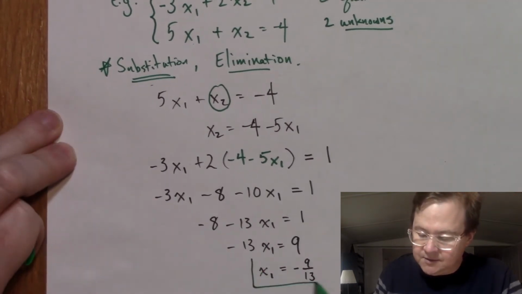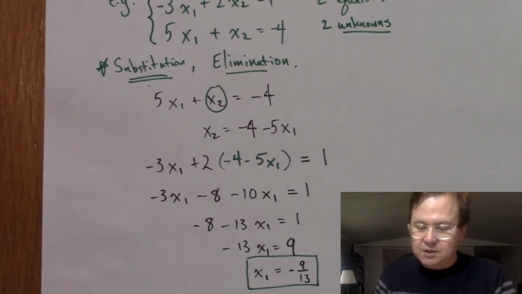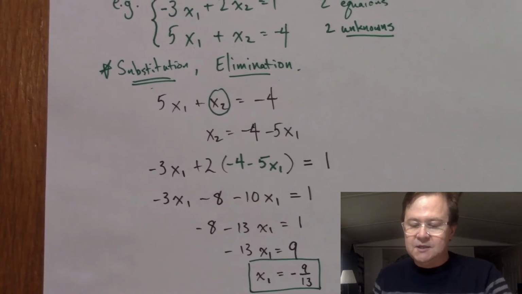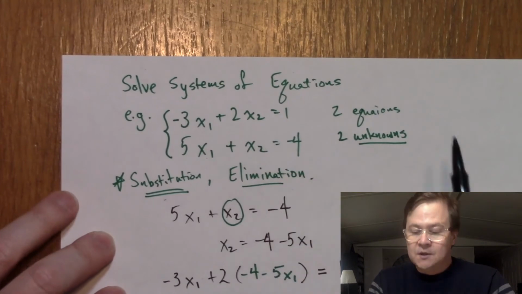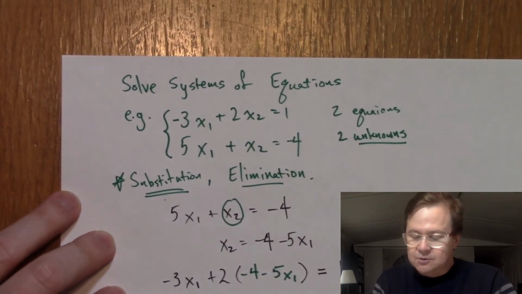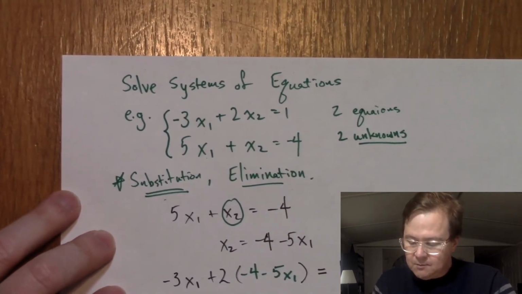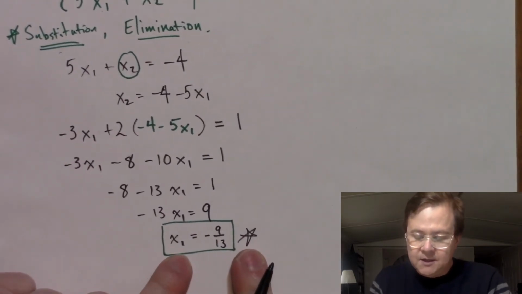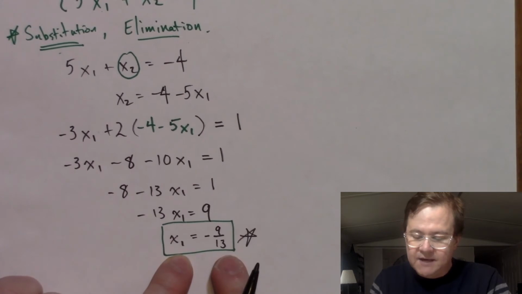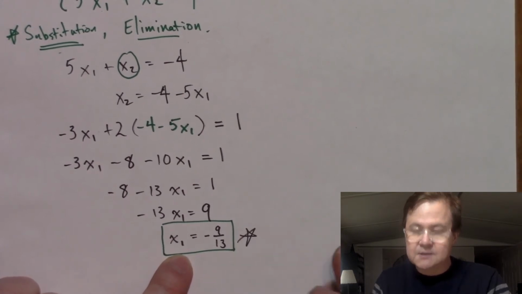Now, I have not completely solved the system of equations because I need to know the values of both x1 and x2 that would make both equations true simultaneously. But now I know something I didn't know before. Now I know that if such a solution exists, x1 would have to be negative 9/13.